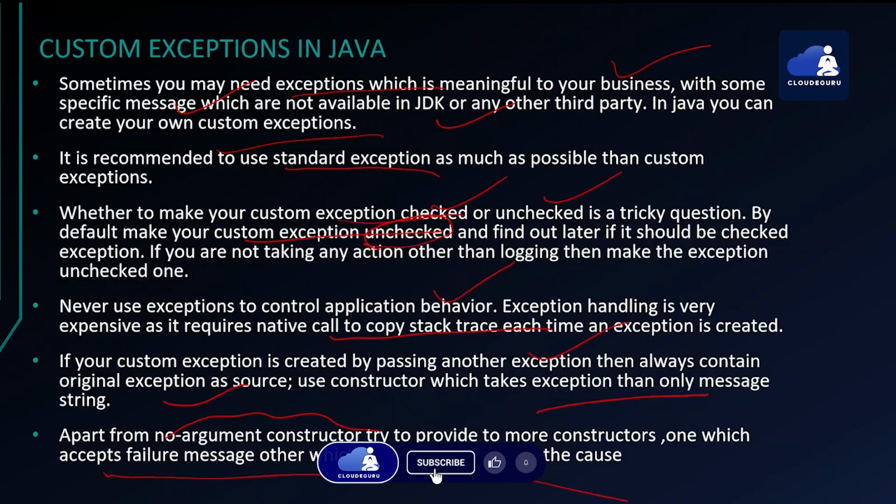So don't create a custom exception class which takes just the message as a constructor argument, but try to create multiple constructors which take the message, the throwable, and the exception itself as part of the constructor arguments.